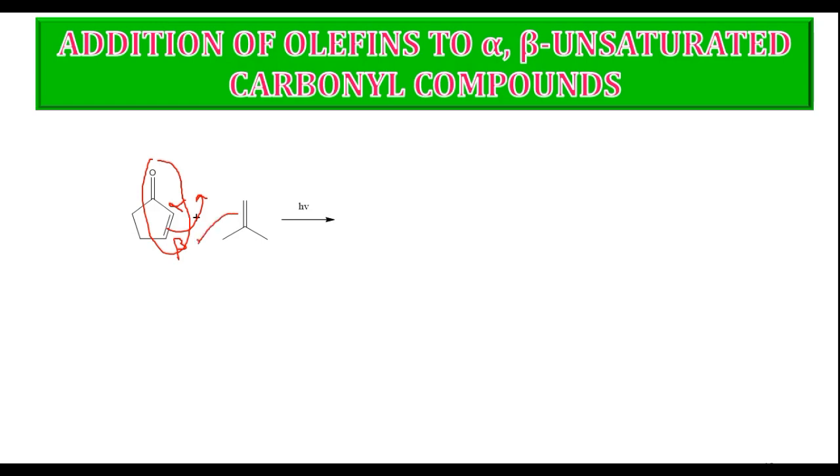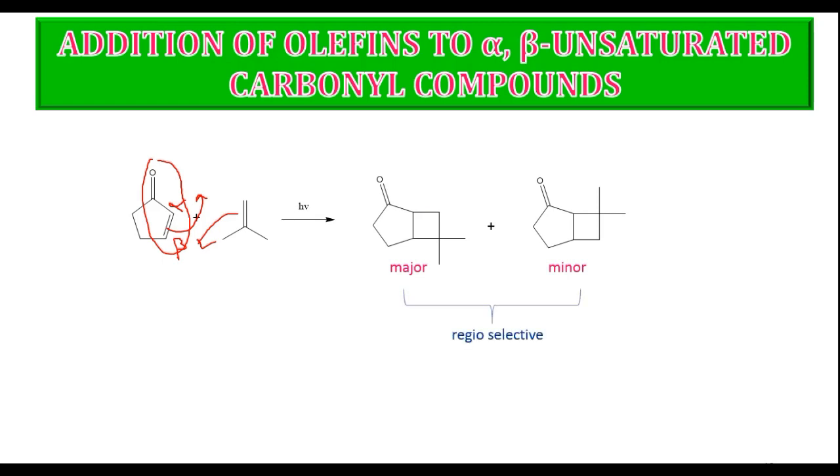This pi bond shifted here, this pi bond shifted here, we get a cyclobutane derivative here. Another product is also going to form, like this. But my question is, between these two products, what is the major product? Here the first one is major, the second one is minor. These two are regioselective products.